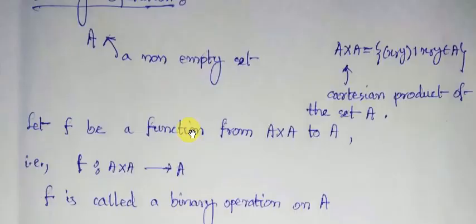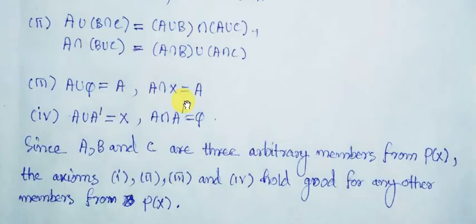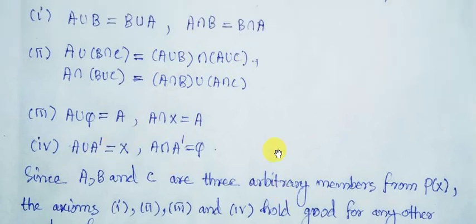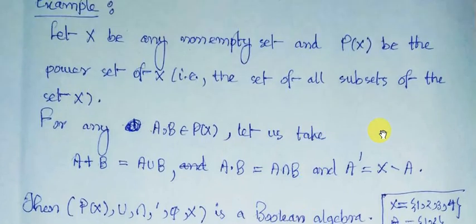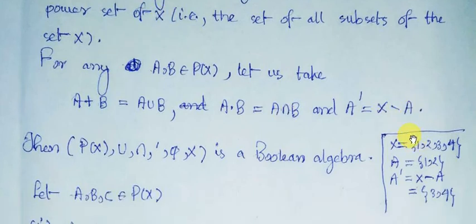Here we have obtained the multiplicative identity as capital X. So if we take A union A complement, obviously this will be equal to the whole set X, because from the definition of the complement, A complement equals X difference A. So it is the collection of all elements from the set X which are not in A. Here I have shown this by this example.